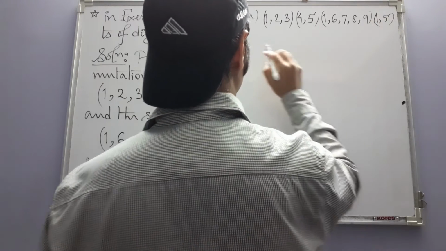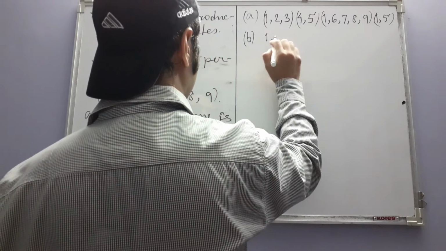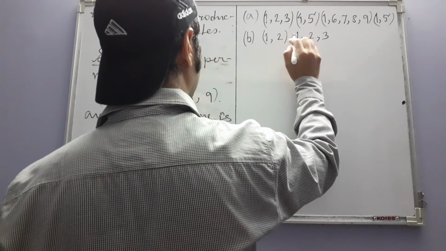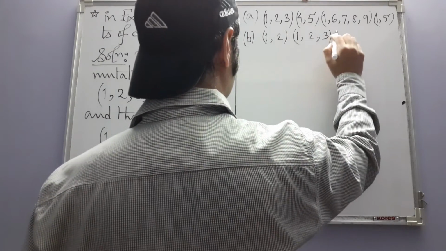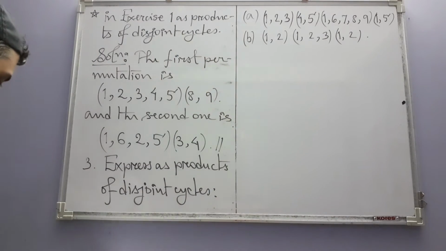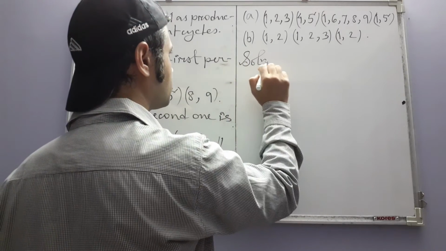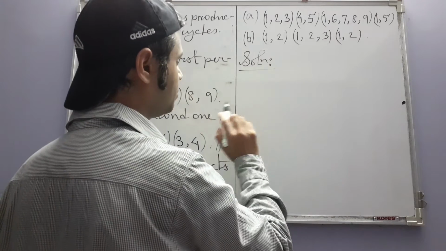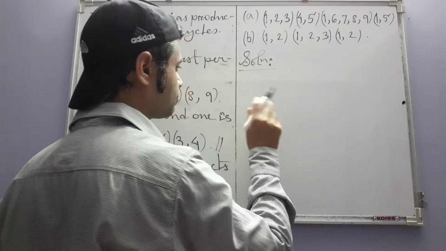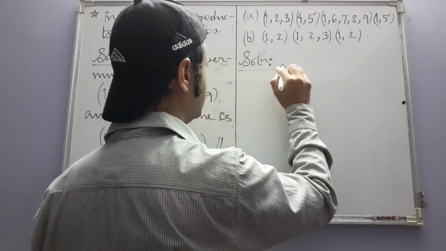These are not disjoint. 1, 2, 1, 2, 3, and 1, 2 again. Okay, so we will do it at once. At once means we will write this down, and from that we directly write down the disjoint cycle decomposition because it's very easy.